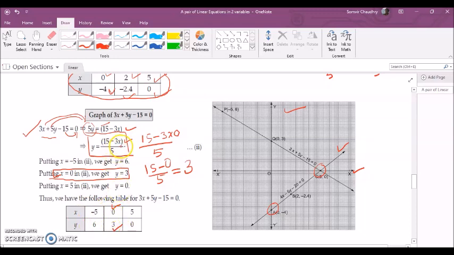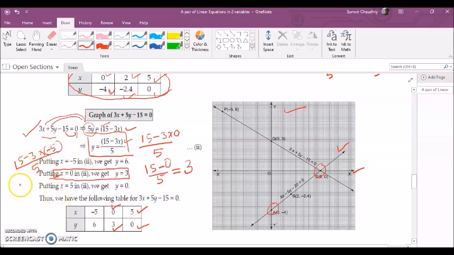Now if you put x is equal to 5 here, you will get 15 minus 15 upon 5, that is 0 upon 5, which means y is equal to 0. If you put x is equal to minus 5, you will get here 15 minus 3 into minus 5 upon 5.